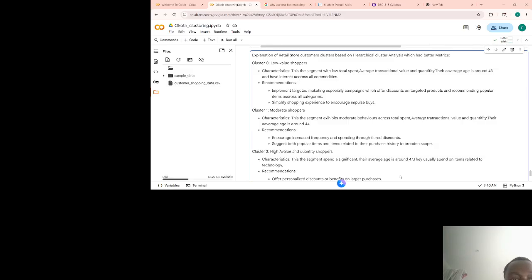Then on the third cluster, there were high value and high quantity shoppers.